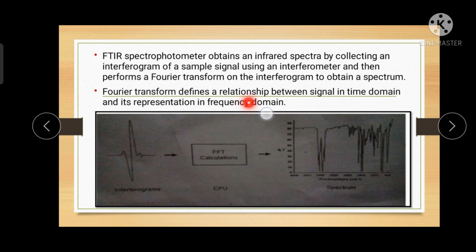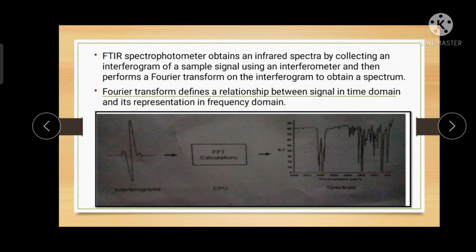The Fourier transform defines the relation between a signal in the time domain and its representation in the frequency domain. As already mentioned in our previous lecture, the Fourier transform converts the time domain signal into its equivalent representation in the frequency domain.